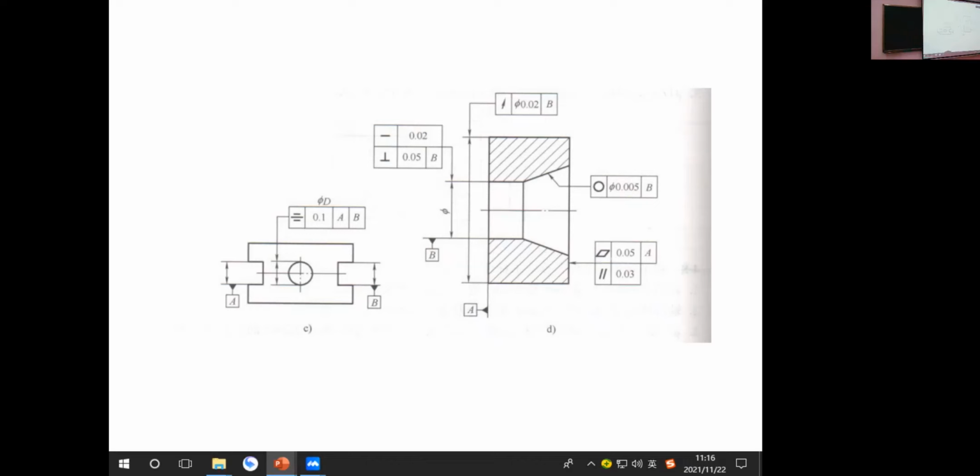Done. Reference species or reference surface. That's that.